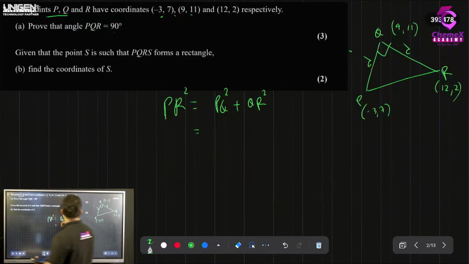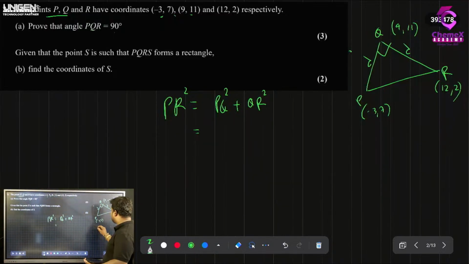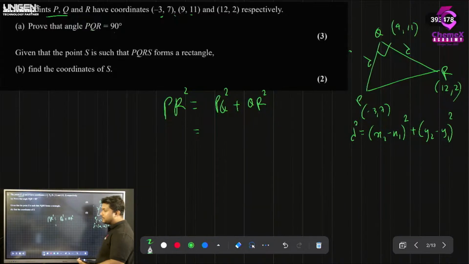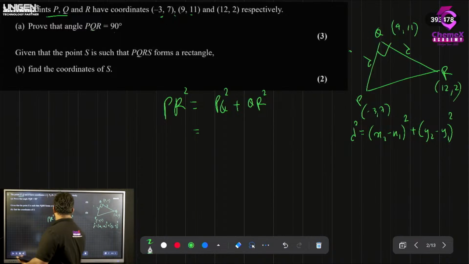How do you get PQ? Can you remember the distance equation?